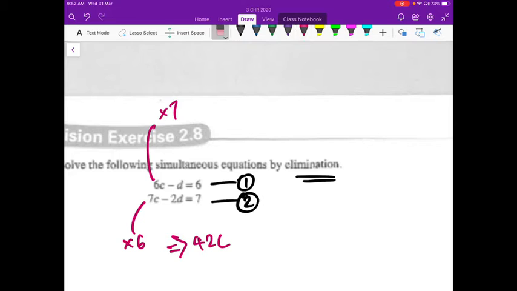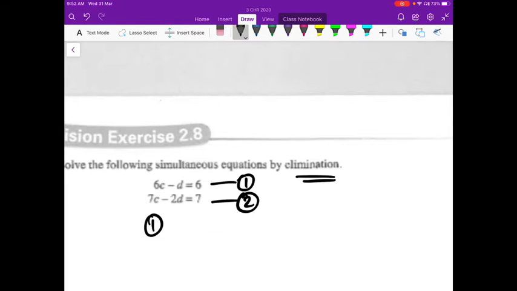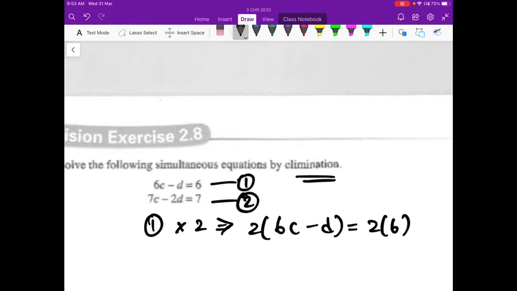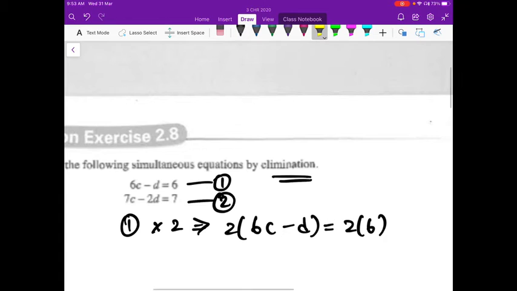Okay? The alternative is, how about we make equation number 1 times 2. When equation 1 is multiplied by 2, we end up with 2 times of 6C minus D equals to 2 times of 6. See that all these are the same. 6C minus D, 6C minus D, 6 and 6.